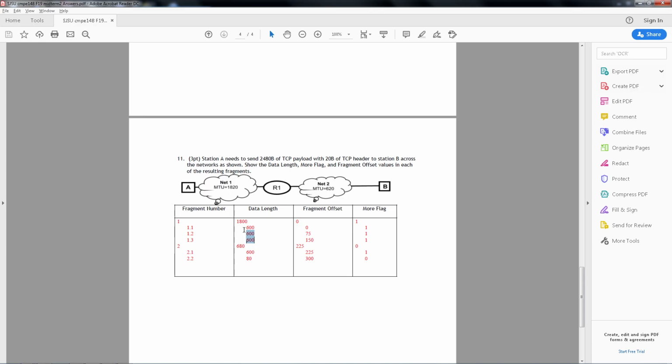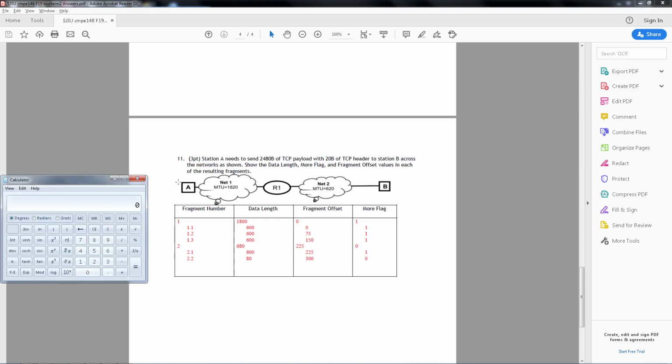It's very easy to find out the total data length for each fragment right here. And so now all we need to do is just calculate the offsets. So do 600 divided by 8. So 75. So 0 to 74, 75 to 149, and then 150 to 224.